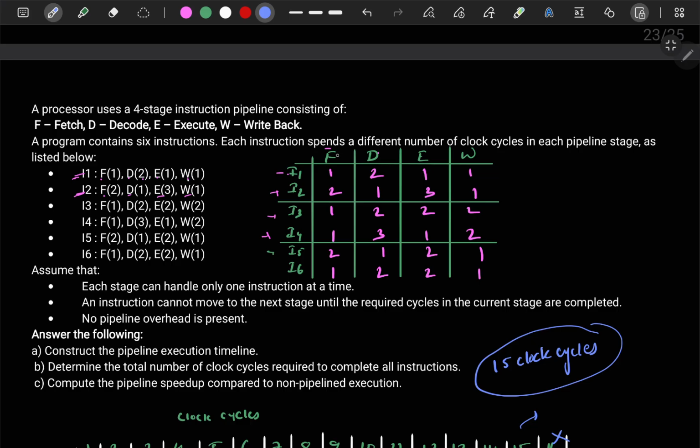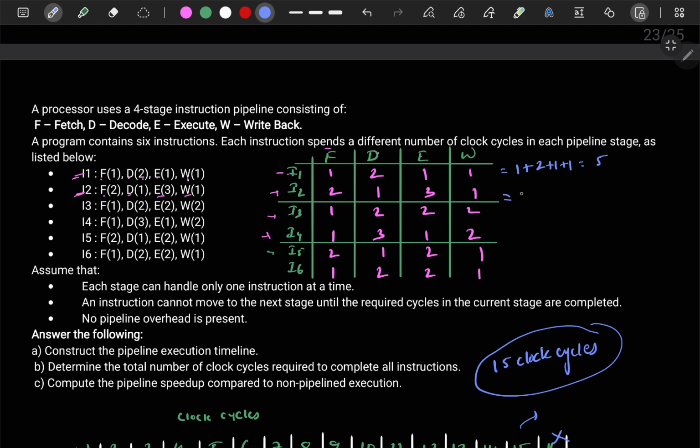For instruction 1, fetch takes 1 delay. Decoding takes 2 clock cycles of delay. Execution, 1 clock cycle. Write back, 1 clock cycle. These are all just delays, so you add them up: 1 plus 2 plus 1 plus 1. What is the answer? 5.